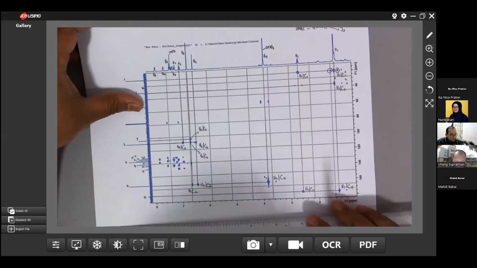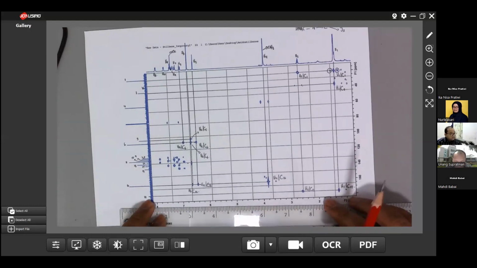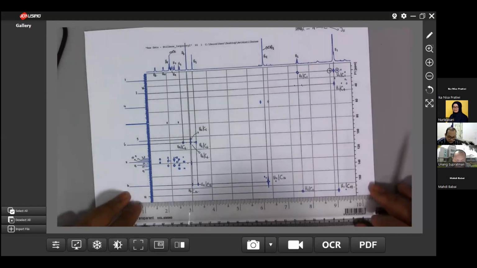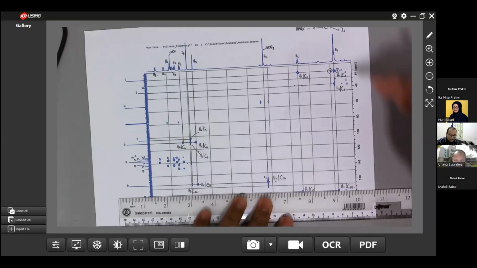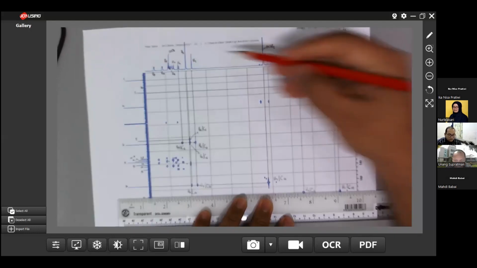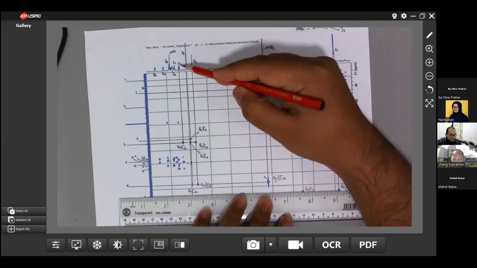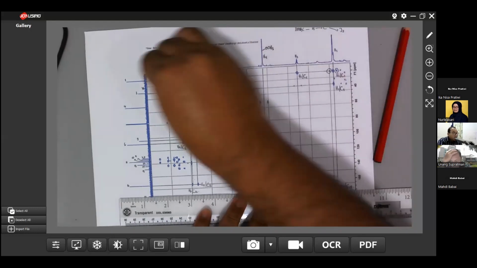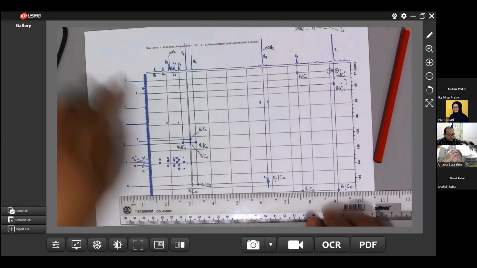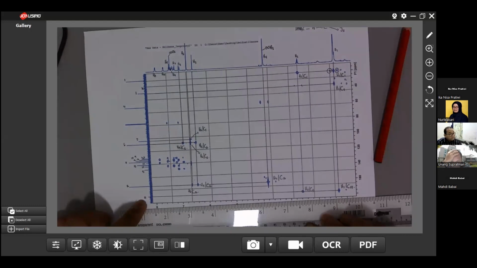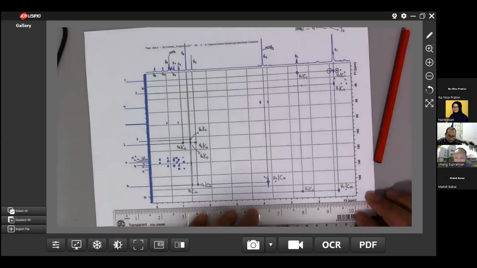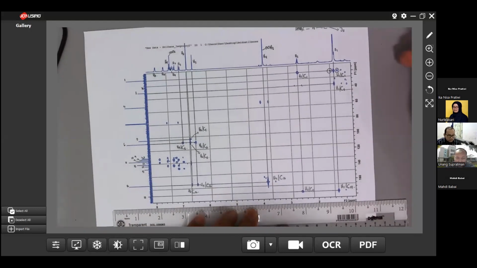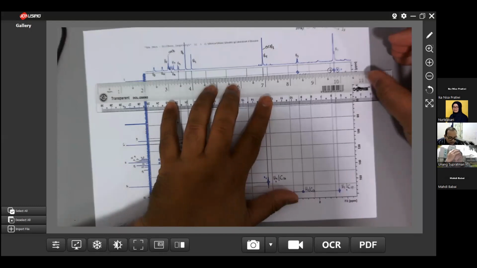We start with this one, the 17. Don't forget to label 1, 3, 4, 5, 6 by using the protons and also the carbons that we have. I'm waiting for any reply from students. What you have to do is join the contours.